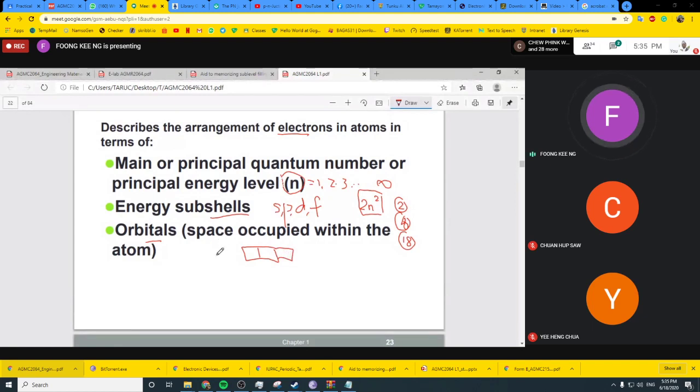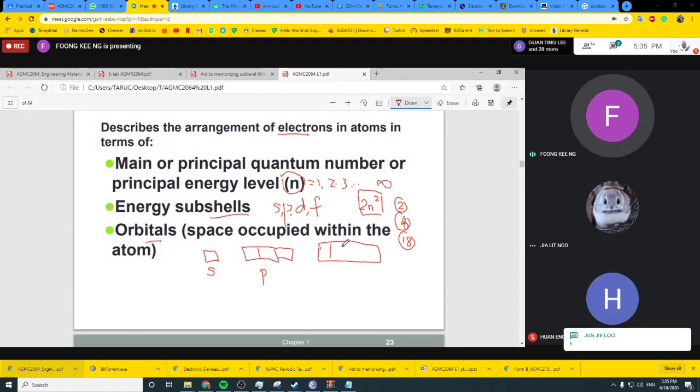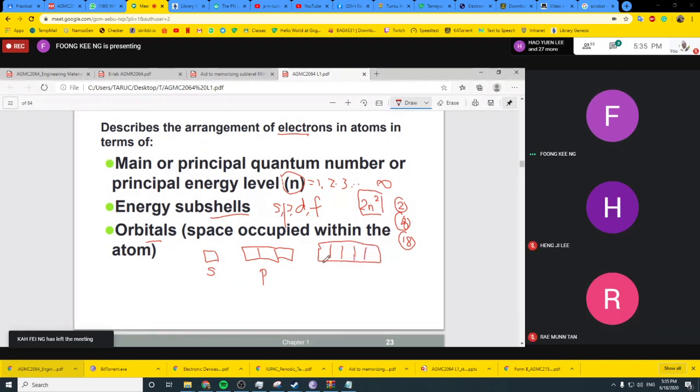So this is the s orbital, this is the p orbital, and this is the d orbital. For the d orbital, how many boxes do you think there are? Five. Very good. This is the d orbital.